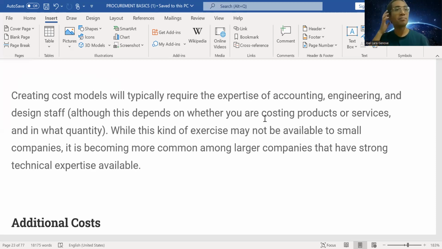To make it on a smaller scale, say for example you have a business, a salon, right? The cost model there would be the services. If our services right now are this amount, if these are the prices, then that means your supplies should be workable with these services, right?